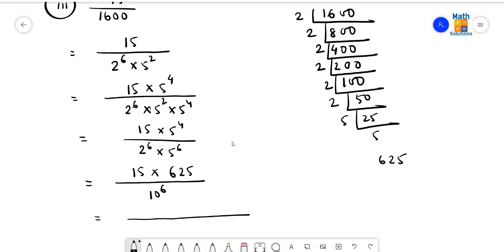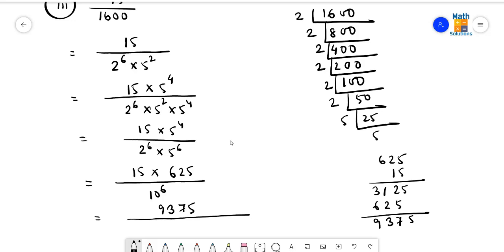625 into 15. When we multiply we get, after 5 2 6, so I get here 5 7, then after 3, then after 9, so it is 9375.